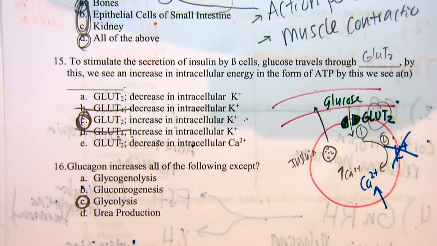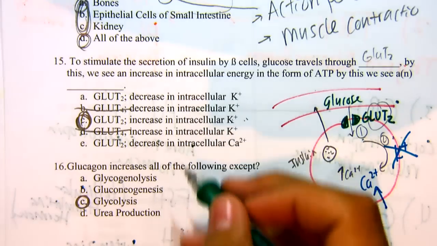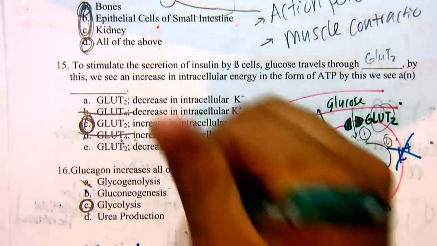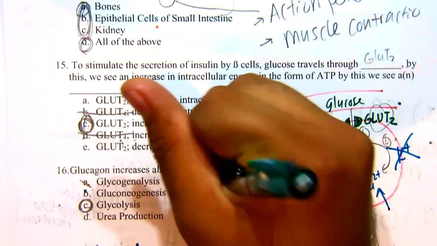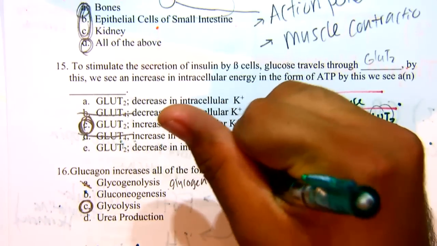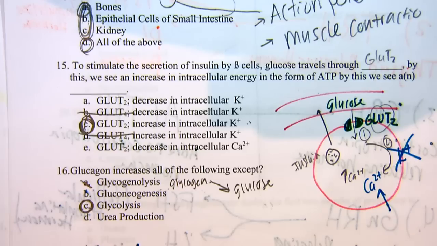So in hopes of increasing blood sugar levels, glycogenolysis is the process of making sugar, right? So if you're making sugar, you're going to put it into your blood, and that's going to increase your sugar levels. So glycogenolysis is the breakdown of glycogen into glucose, and glucose would increase your blood sugar levels, right?